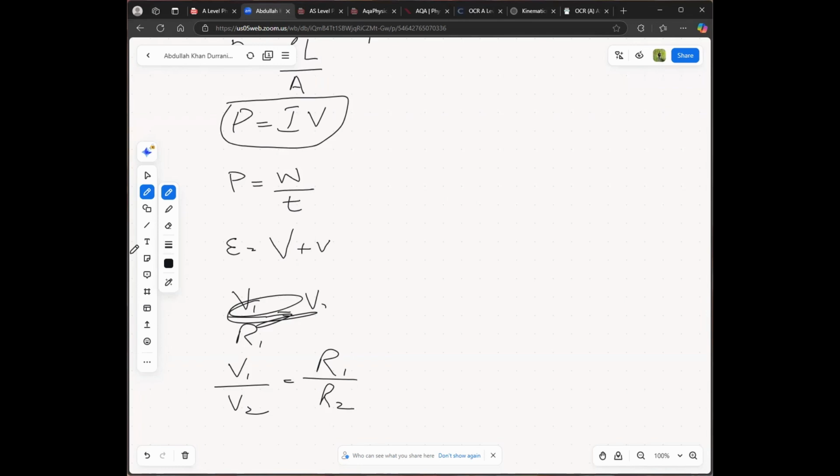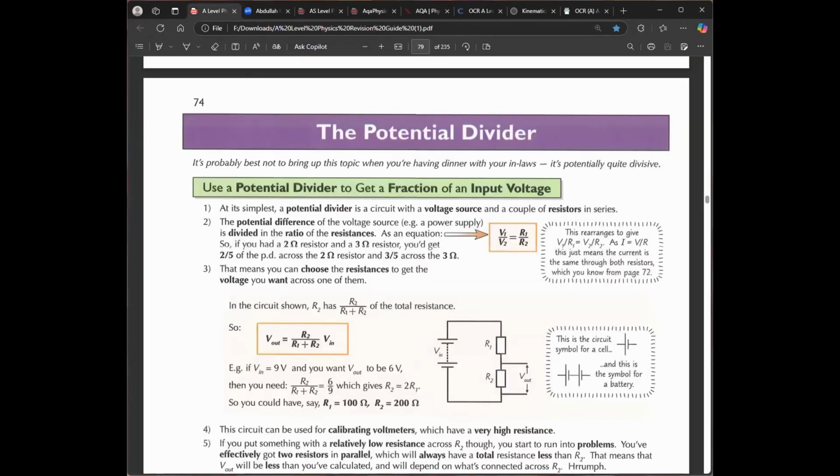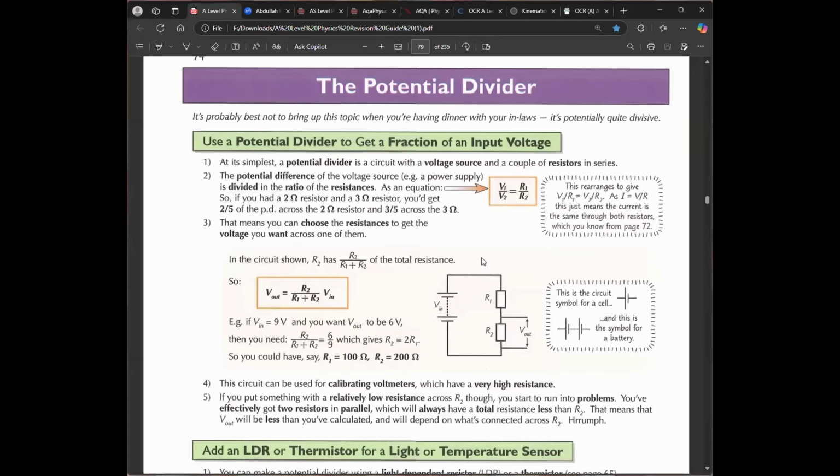All right, so that's that. You can always use those formulas and come up with this one as well. I'm just going to write this one as well. You can always deduce this from the equations that we have talked about, but if you have this in the formula sheet, or if you remember this, you can use it directly as well. But you understand the concept of potential divider, right?